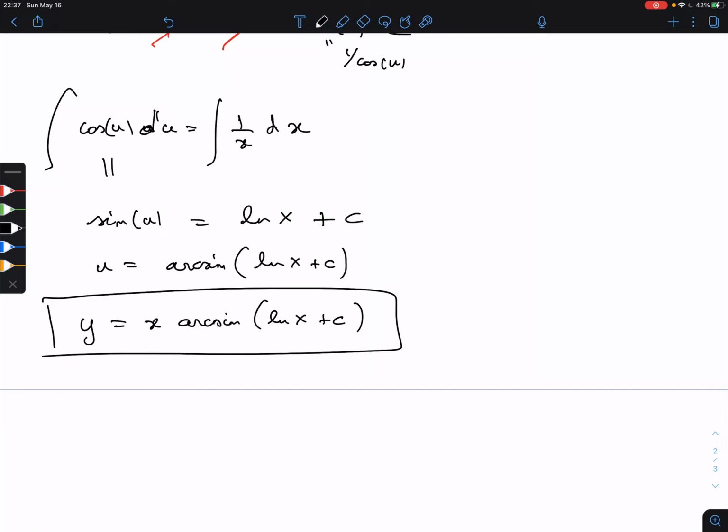And you can always check, of course, by taking derivatives of this. It takes a little bit of work, but it's not so hard. You have to take the derivative of arc sine, and you have to remember how that works, so it's a bit tricky to verify. But I'm not going to do that.